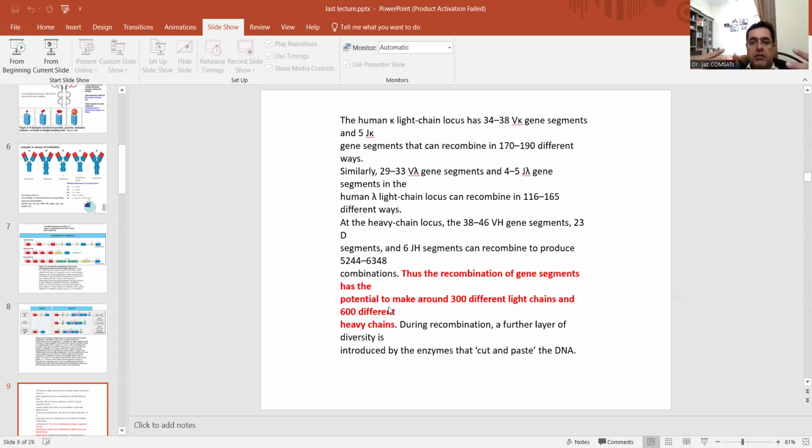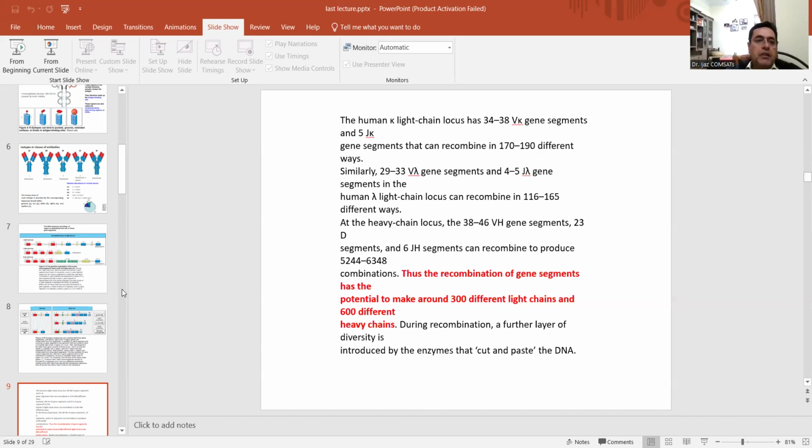These are combined with each other in different patients, and that leads to different types of peptides or molecules. And during recombination, a further layer of diversity is introduced by enzymes that cut and paste the DNA.